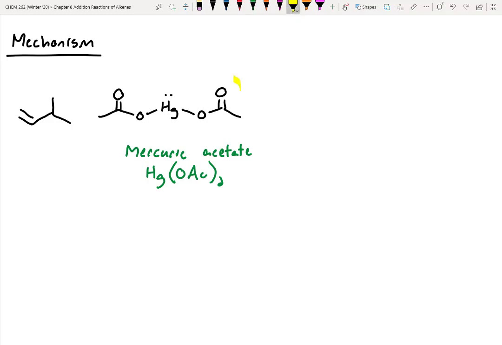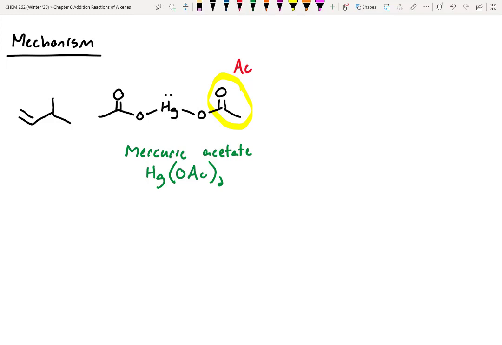And the reason they draw it that way is this entire group, if you remember way back to last term, is called an acetate group. And we've got an oxygen attached here. So if we smush the oxygen and the acetate group together, it's just abbreviated as OAc, and we've got two of them bonded to mercury, so we put them in brackets like that.